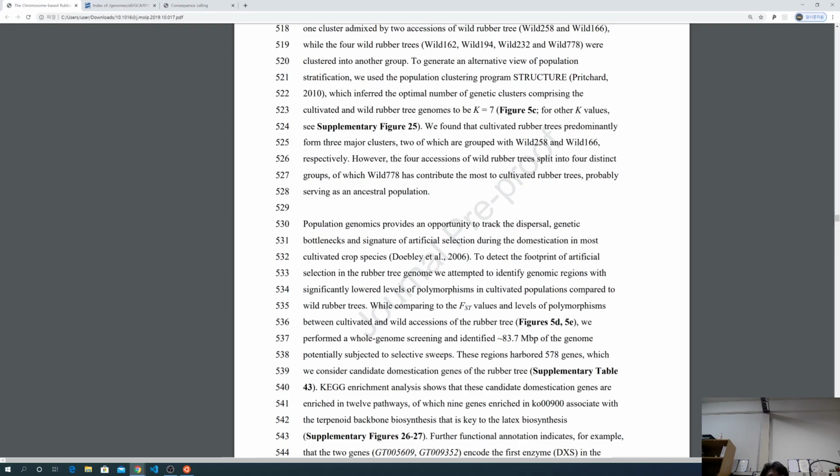So these regions have this number of genes, and they are kind of candidate genes of rubber tree.